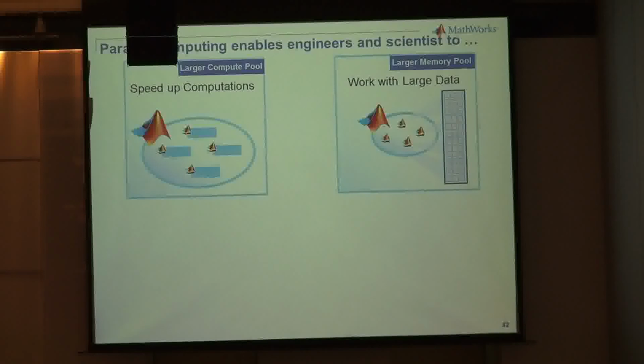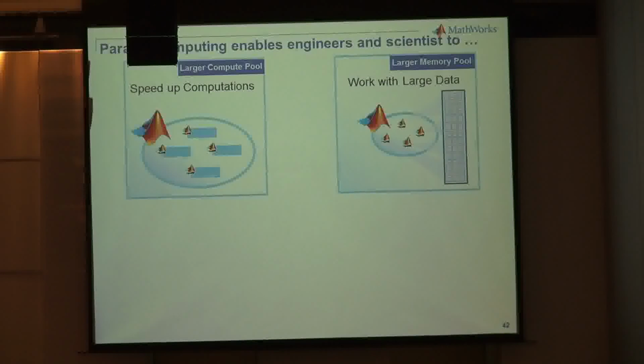And cheaper. Well, parallel computing uses lots more computers, so it's not necessarily cheaper, but computers are cheap. So it's taking advantage of the innovation other people have done for you. For 2 reasons. One, speed, as we're showing here, large computation pools. I want my answer now, not tomorrow.